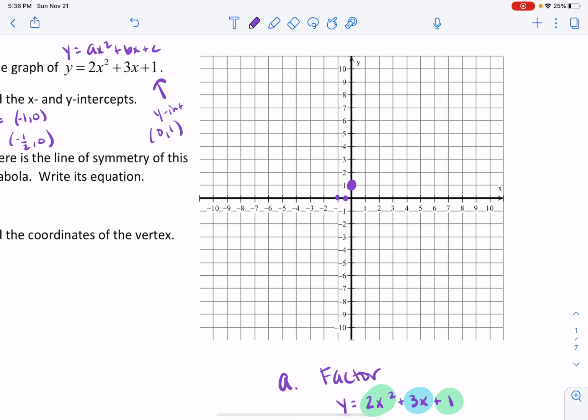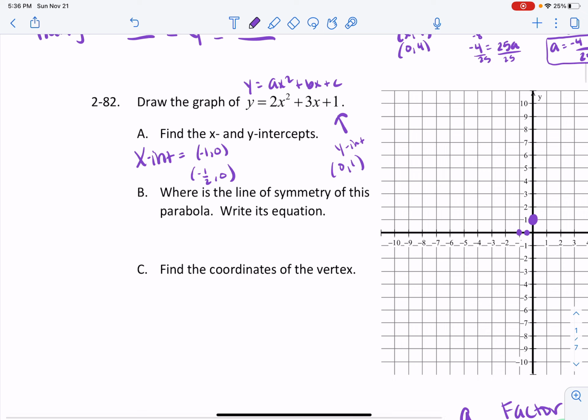Okay, so the axis of symmetry, we can use the formula negative b over 2a. So our b up here is 3. So I'll do negative 3 over 2 times 2, because a is 2. Negative 3 over 4, which we could make a decimal.